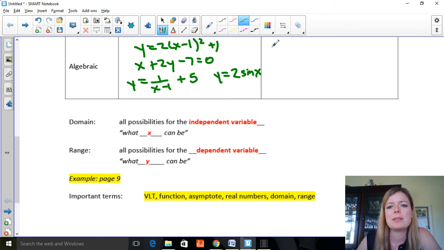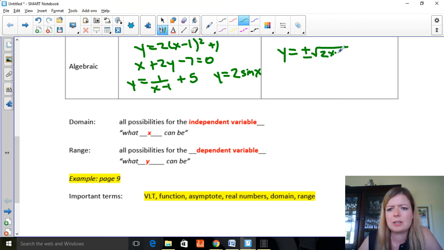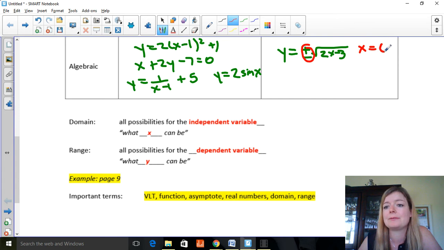Now, when you know something is not a function is when you get something like this. Y equals, let's say, plus or minus root, what do I have here? 2x minus 3. Okay, it's not a function because this plus or minus means that when you put in a value of, let's say, x equals 6, you would get 2 times 6 is 12. 12 minus 3 is 9.